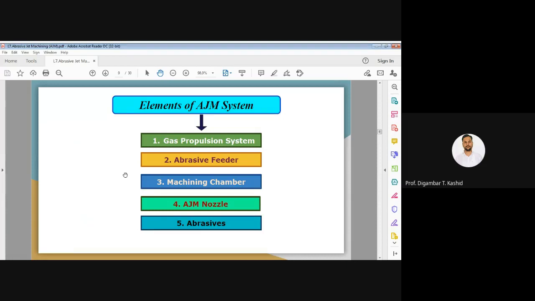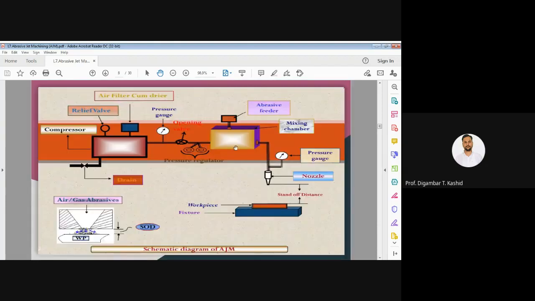Now the second element is the abrasive feeder. You can see the diagram here. We have the abrasive feeder with the vibratory mechanism. Using this abrasive feeder you can control the quantity of abrasive with the help of vibration.